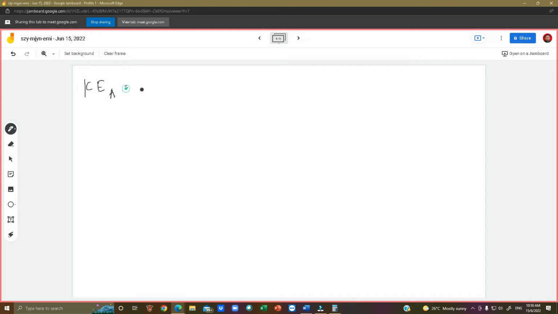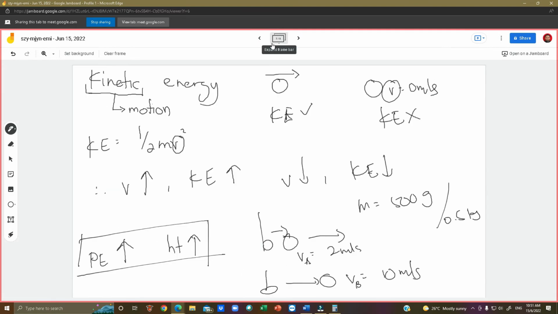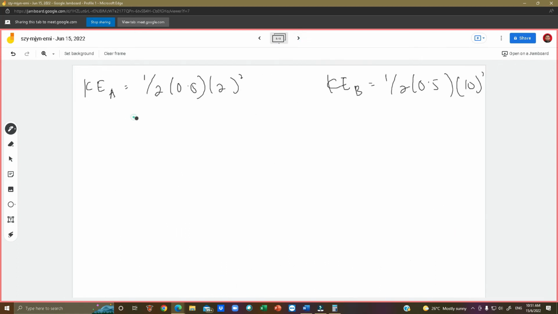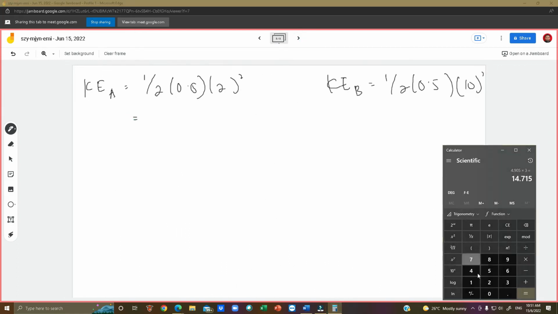KEA equals to half, mass is 0.5, V is 2 square. KEB equals to half, mass is 0.5, V is 10 square. So ke 10? Tadi saya sebut 10 ke? 10. Now, what is KEA? 2 square times 0.5 times half.